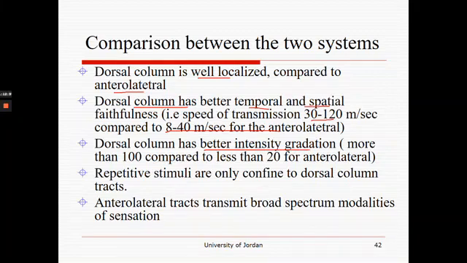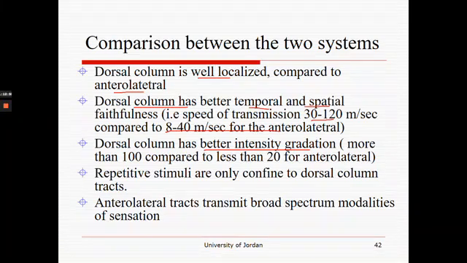So you can say if you have grades from 0 to 100, the dorsal system uses the absolute grades.